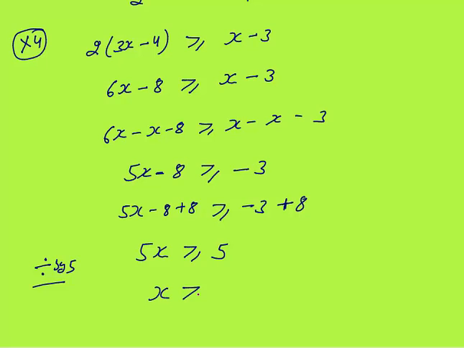This will be x is greater than equals to 1. So how will you present it? X belongs to greater than equals to 1. 1 will also be included, 1 to infinity. 1, 2, 3, 4, 5, 6, 10, 10,000, 1 lakh, 1 crore up to infinity. That will be your final answer. X belongs to square bracket on 1, small bracket on infinity.